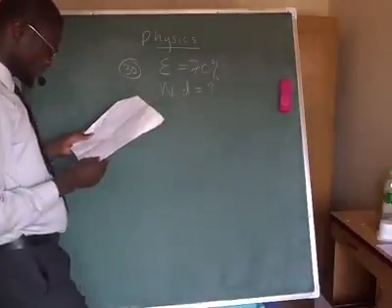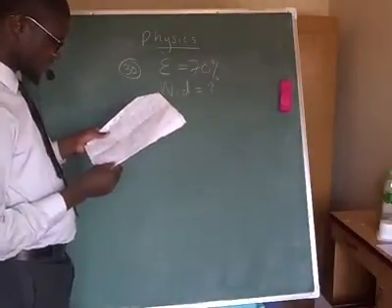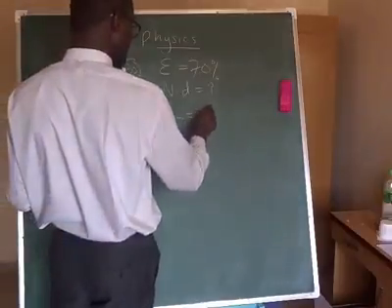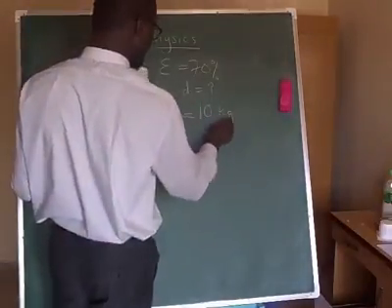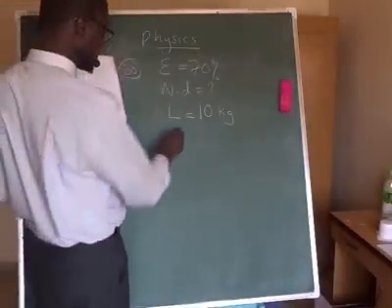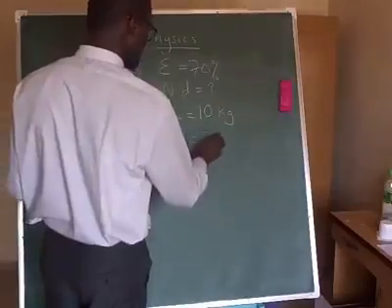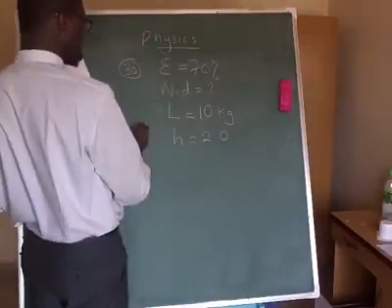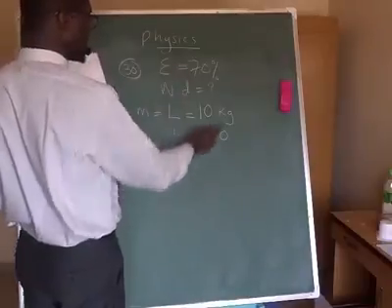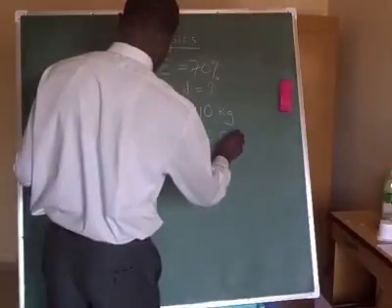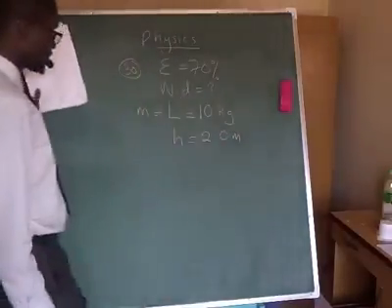Calculate work done using the machine to raise a load of 10 kilograms, which is also the mass, through a vertical height of 2.0 meters. So our load, which is the same thing as our mass, is 10 kilograms. Our height is 2.0 meters.